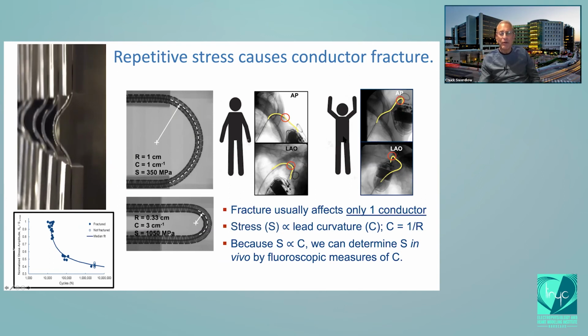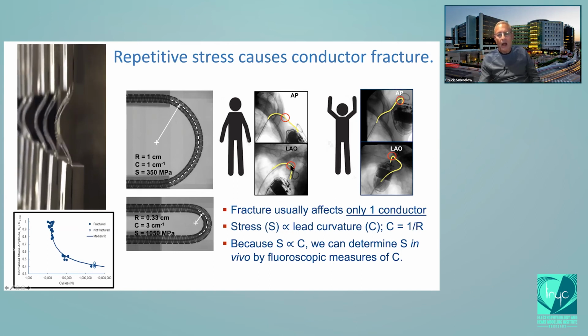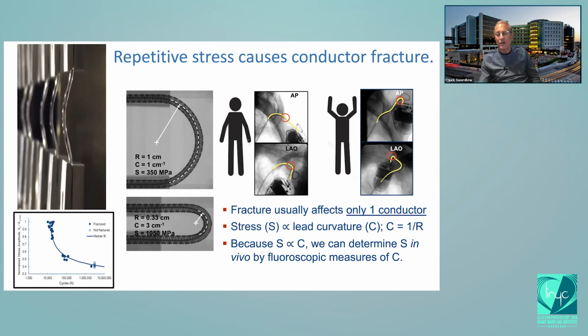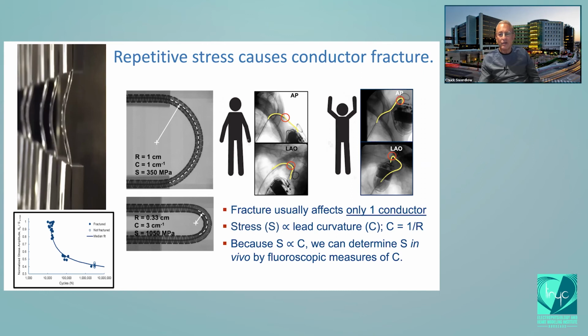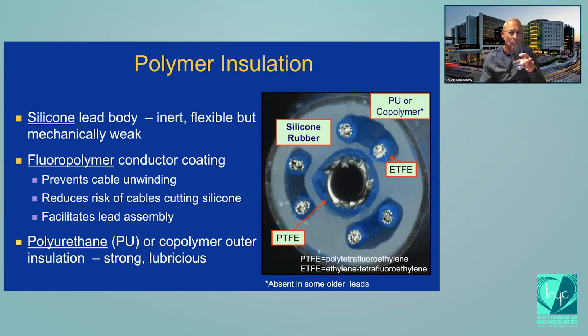But I'm presently involved in a project where we're taking biplane fluoroscopy of leads with shoulder motion, so we can actually understand the stress on leads during use conditions. So defibrillator and pacemaker manufacturers have some actual use condition data to know what their leads need to stand up to.